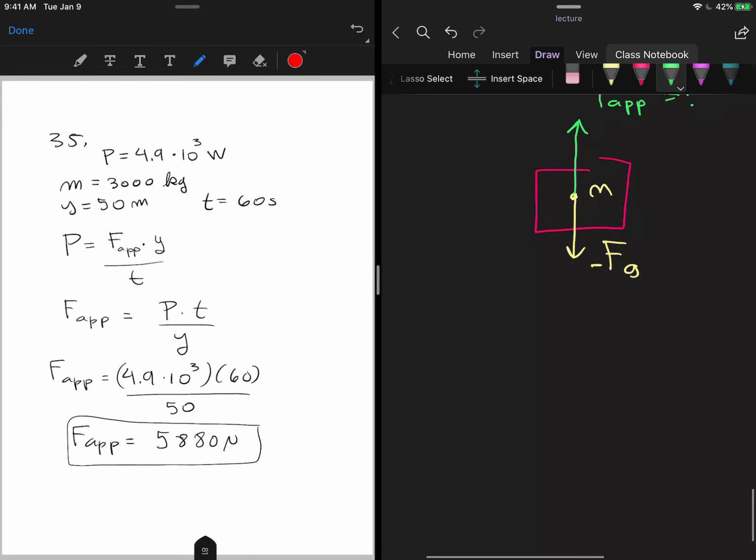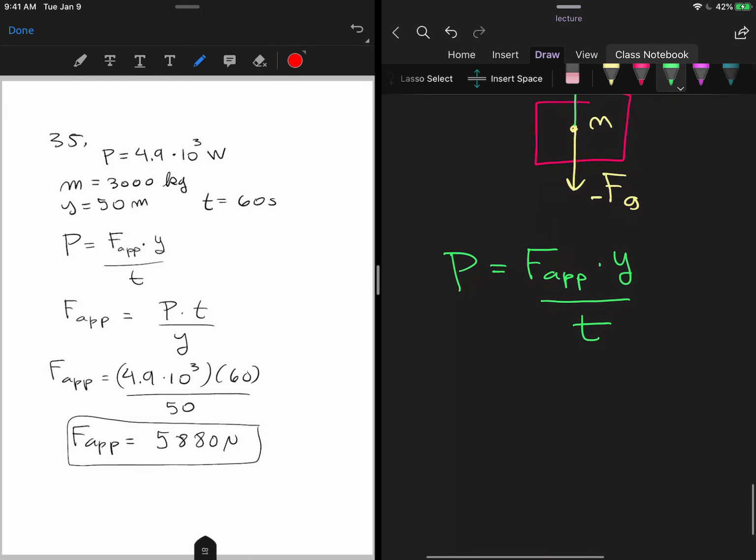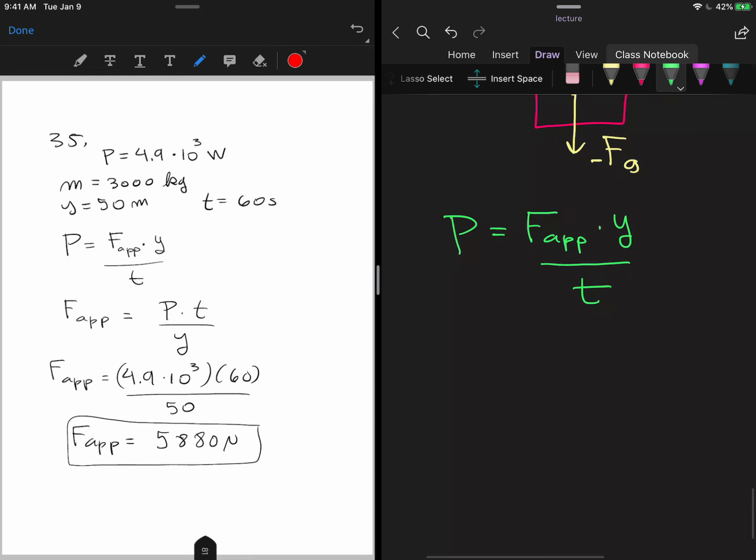So the basic equation then is going to be the power is going to equal the force applied multiplied by the height that the box is raised divided by time. And so let's just try to isolate the applied force.